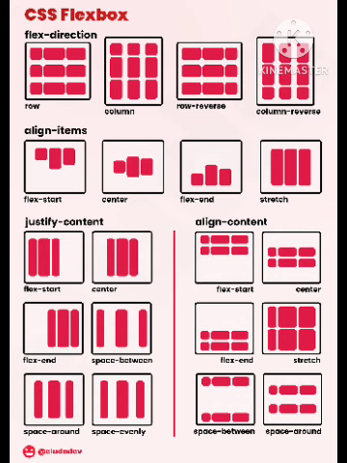So flex 1 basically means flex grow is 1, flex shrink is 1, and flex basis 0%. So it will allow grow, it will allow shrink, and basis 0% means it starts from 0 size, right?